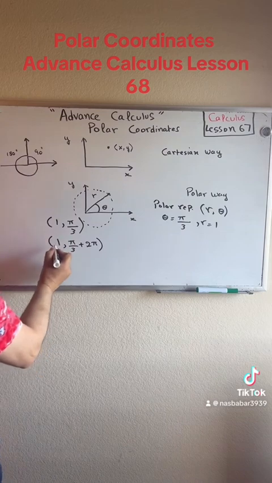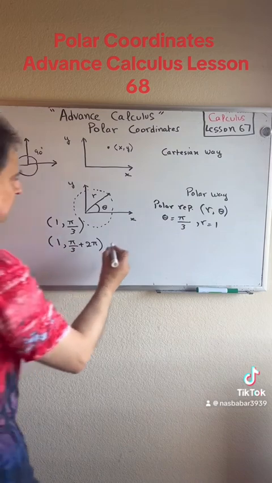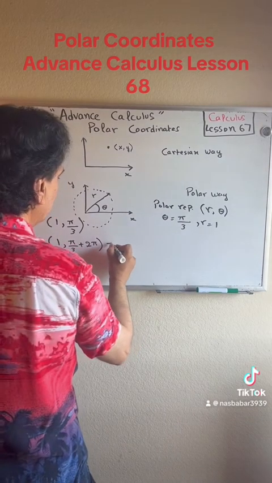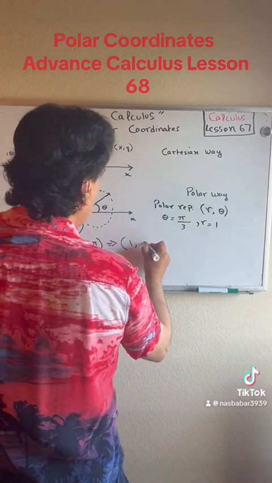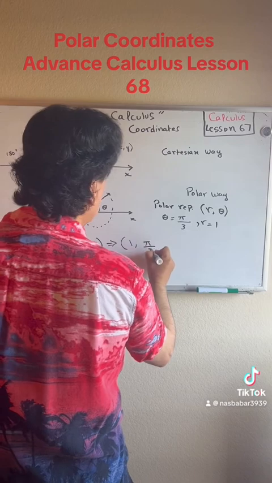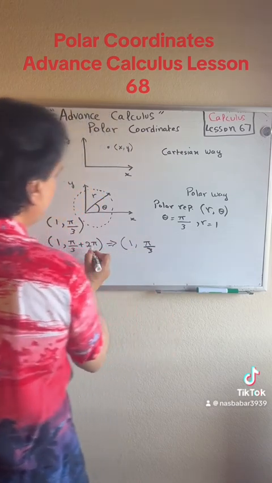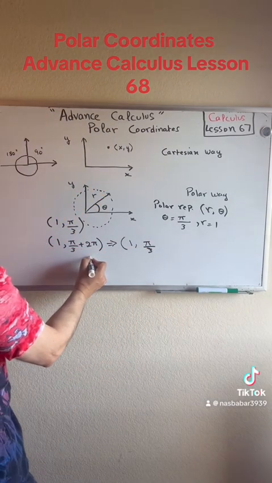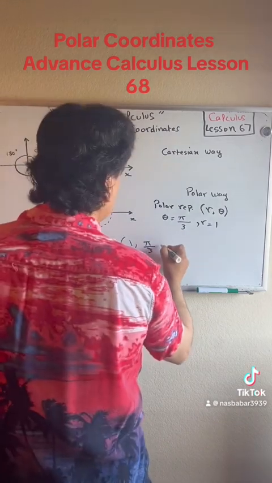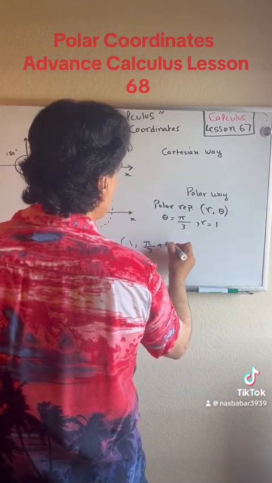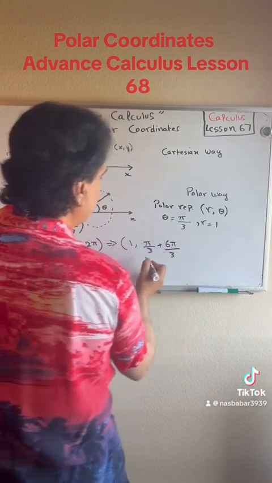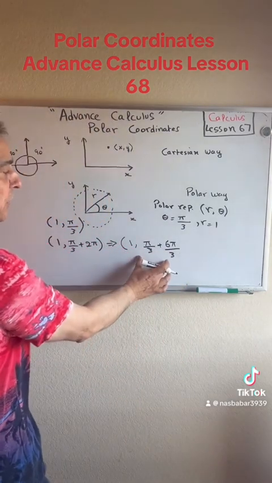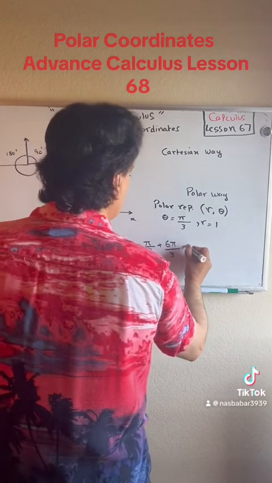If I add these two, I multiply this by 3 and divide by 3 to simplify, so this becomes 6 pi over 3. I did that so I have the same denominator and can add them.